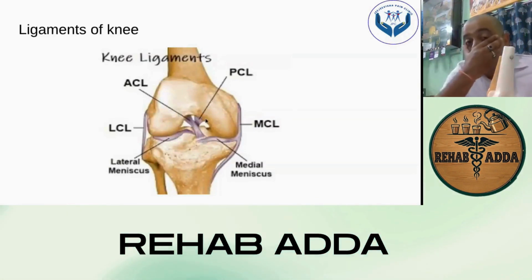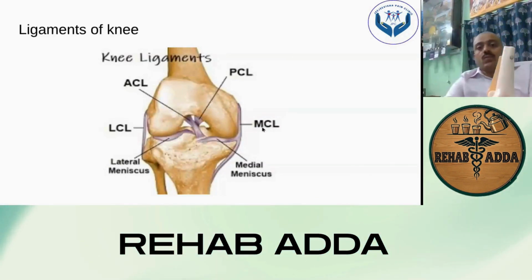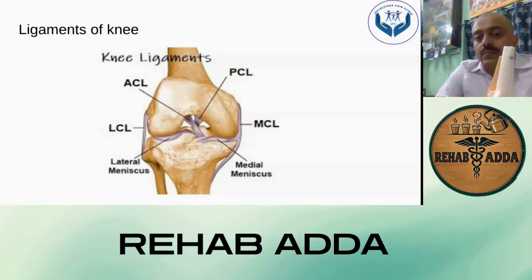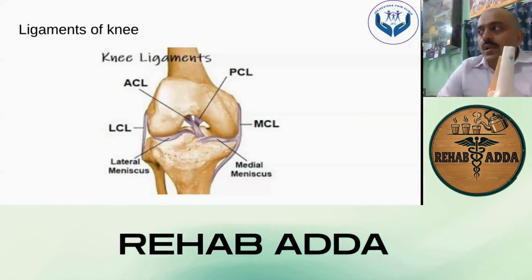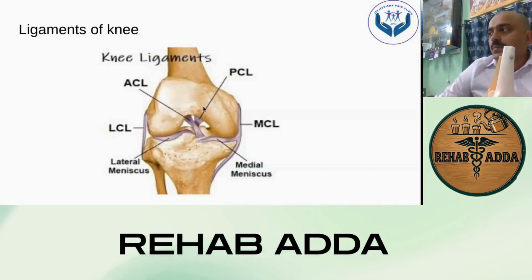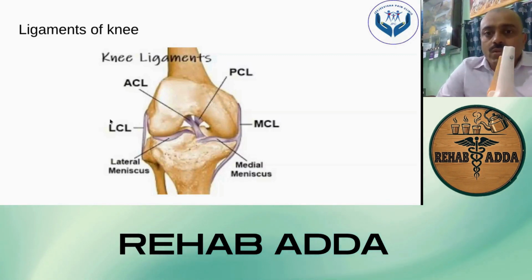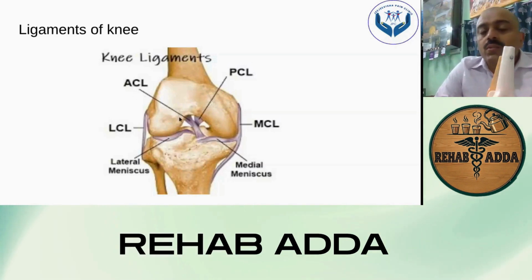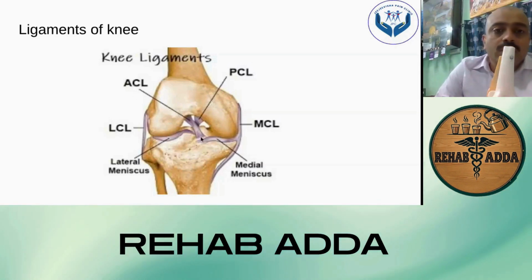So ligaments, what are the common ligaments of the knee? The anterior cruciate ligament, posterior cruciate ligament, medial collateral ligament, medial meniscus, and the lateral meniscus. Now these ligaments are important because, see, the anterior cruciate ligament, it is called anterior. Always remember, this is anterior, and cruciate means cross, anterior cross ligament you can call it, or anterior cruciate ligament.